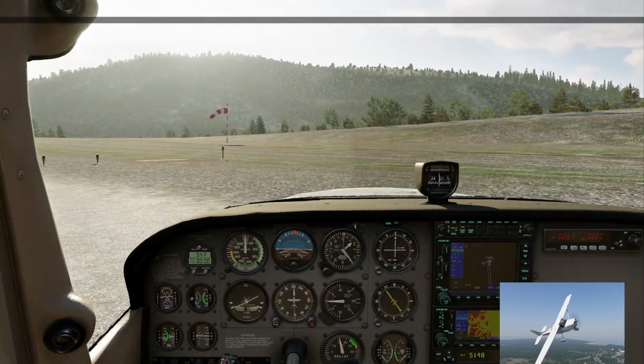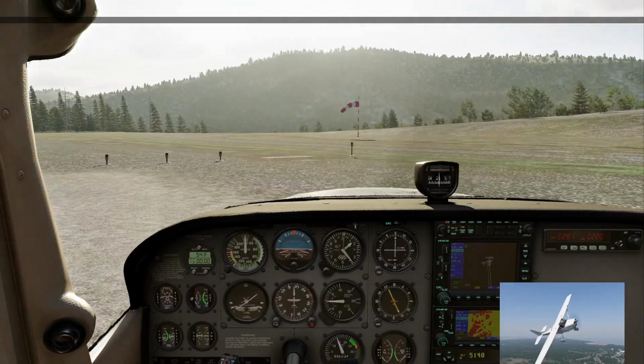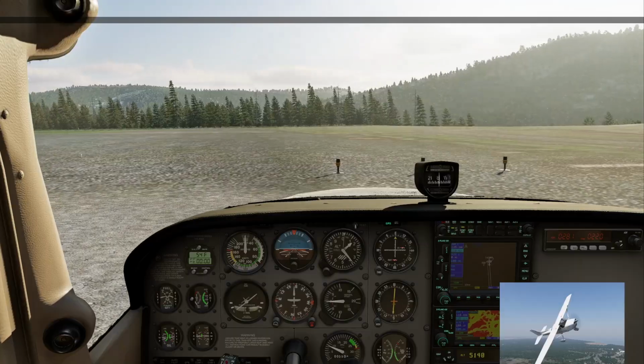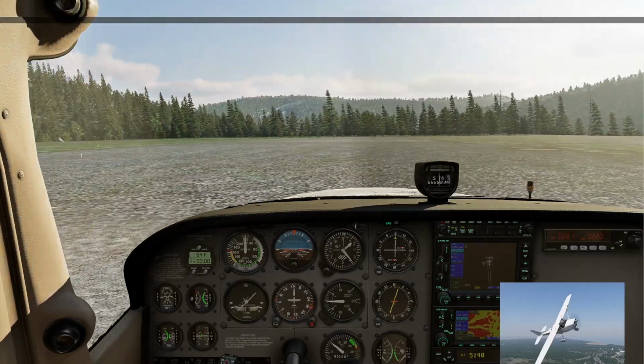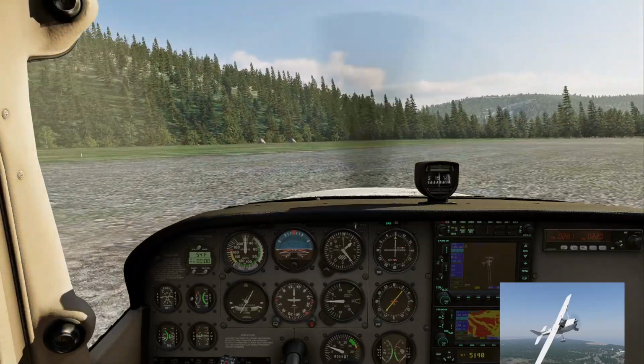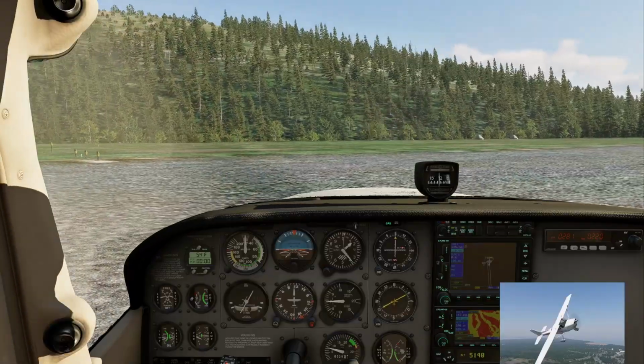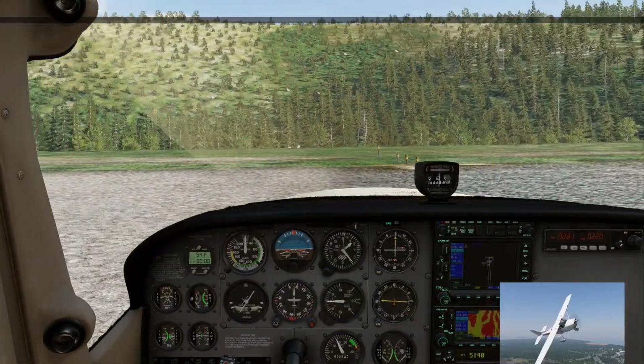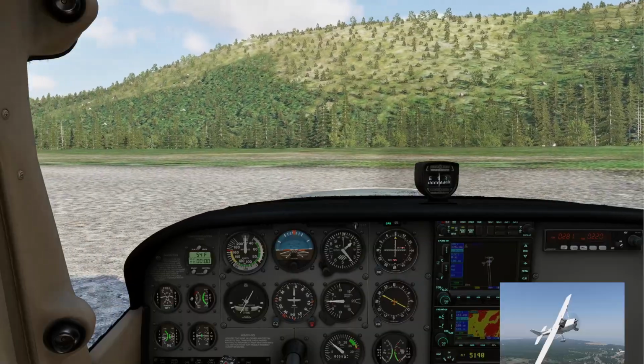Direct crosswind. I don't make things easy. Pick a runway in between mountains where a go-around is improbable, and we also have a crosswind. But what we do have going for us, I put some VFR conditions in here.